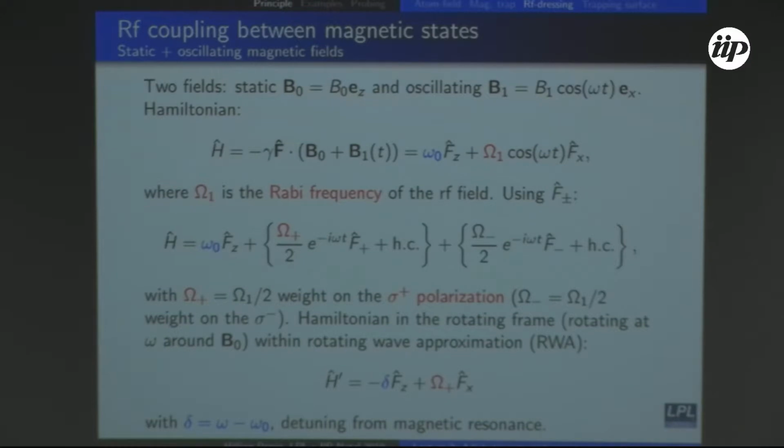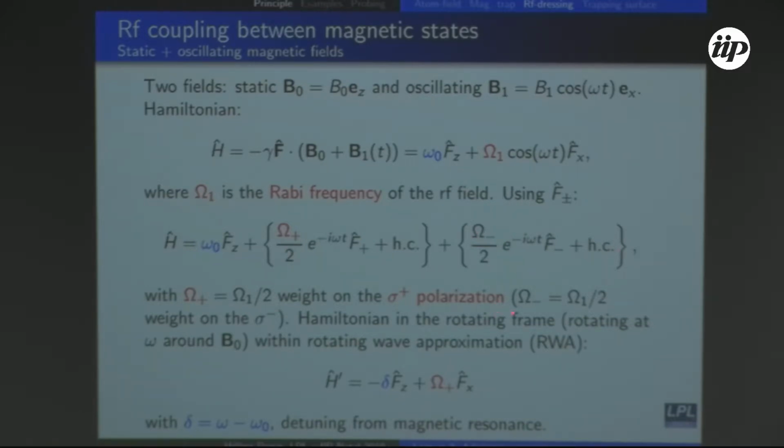For this reason, this one will be resonant within the rotating wave approximation, whereas the other one will be off-resonant. So essentially, if we stay within the rotating wave approximation, this term produces very, very small effect, smaller by a factor essentially omega 1 squared divided by omega 0.